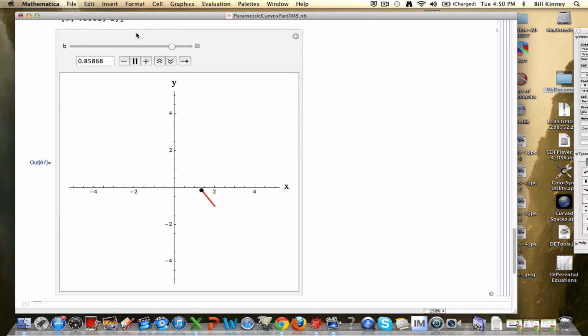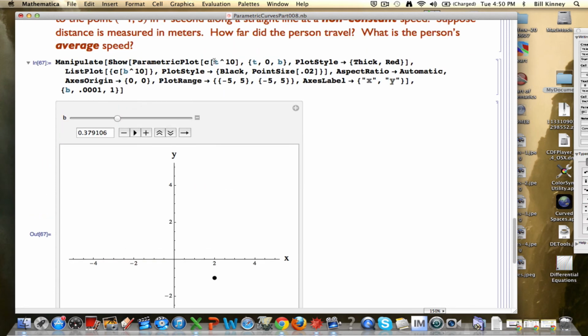I would encourage you, before watching the next video, to think about why this is happening. Why does changing the input to the C function to being, for example, t squared or t cubed or t to the 10th power cause this motion to start at the same point, end at the same point, over the same interval of time from 0 to 1, but cause the motion to go slow to fast and get more and more extreme in terms of how slow it goes at the beginning and how fast it goes at the end as the power gets higher and higher?